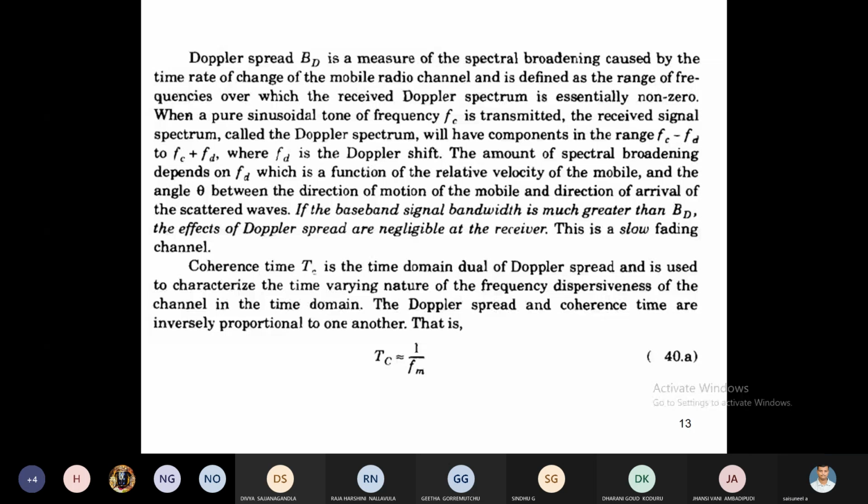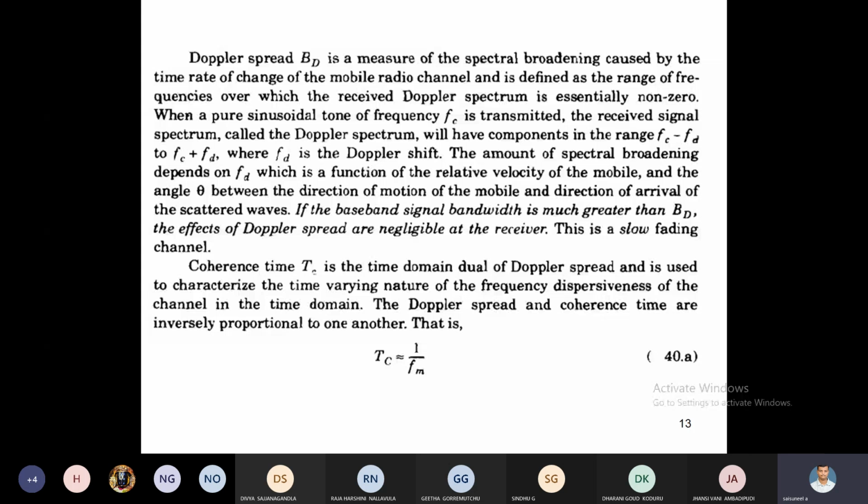Right. Here the representation of Doppler spread is BD. It depends upon the velocity of your mobile, whether towards the base station or away from it. When it is towards the base station, the BD depends upon FC plus FD. Whenever the mobile unit is moving away from the base station, the BD depends upon FC minus FD.